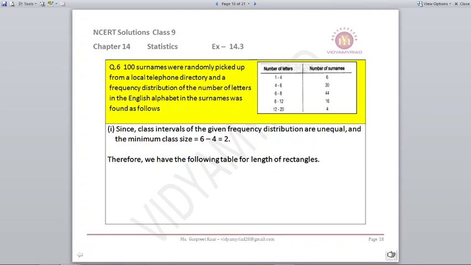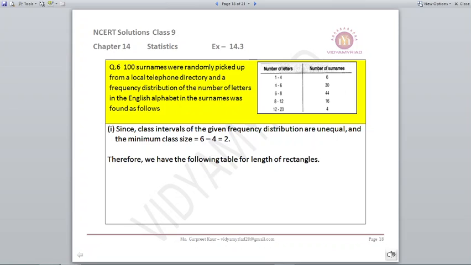Question number 6. Now here it is related to number of letters and number of surnames. Now this also is an unequal class interval. For the unequal class interval, we will use the above formula which we have just done. For that we need to find out the minimum class size.